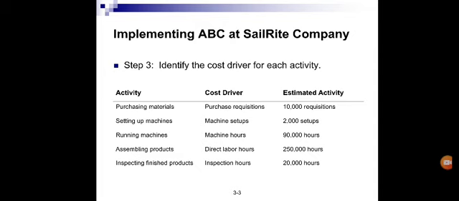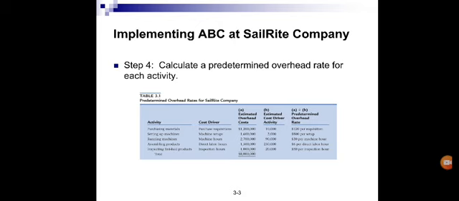After the cost drivers have been identified, you have to calculate the predetermined rate for every activity. So remember the calculation of predetermined overhead rate? The overhead cost divided by the allocation base or the cost driver.